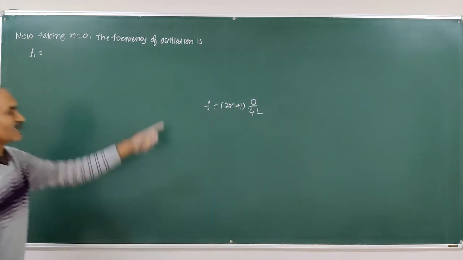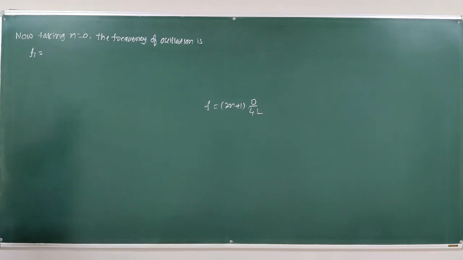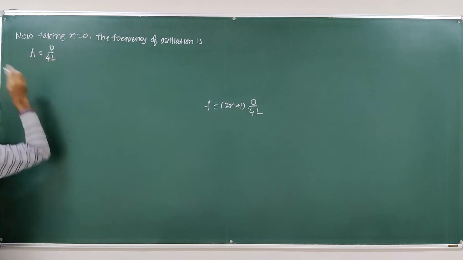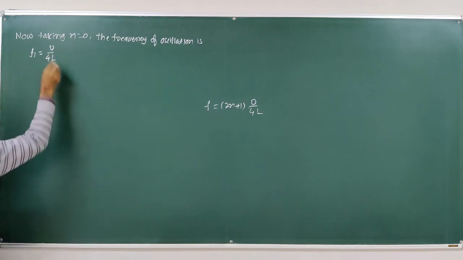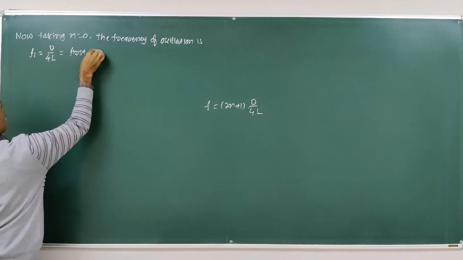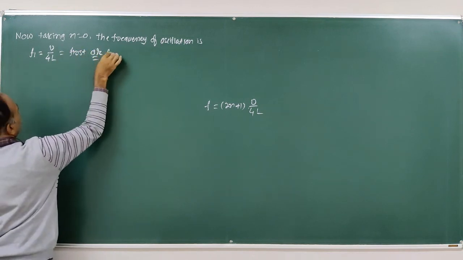As we take n equal to 0, therefore F1 we obtain is v upon 4L. That is our F1, the first or fundamental harmonic.